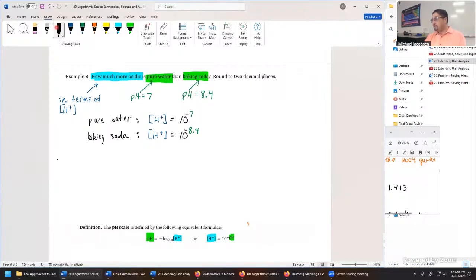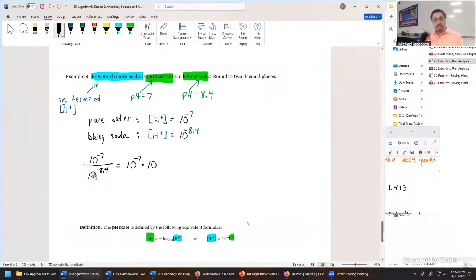Write out 10 power -7 divided by 10 power -8.4. And you could throw this into a calculator to get down to 2 decimal places if you like. If you want, you can use properties of exponents to rewrite this as 10 power -7 times 10 to the power of 8.4.